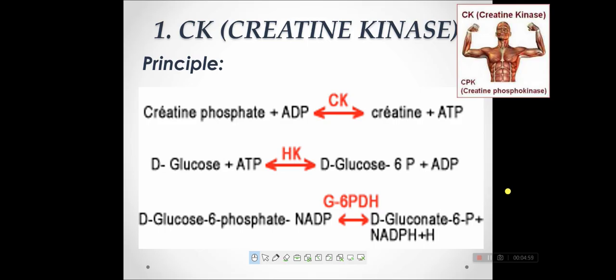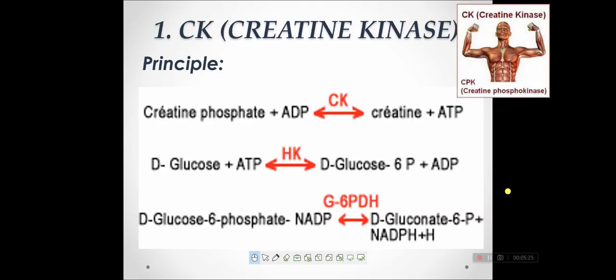Here let's look at the principle of how this test works. Creatine phosphate uses ADP in the presence of CK enzyme, and is converted into creatine plus adenosine triphosphate. Then D-glucose and ATP in the presence of hexokinase enzyme get converted into D-glucose 6-phosphate and adenosine diphosphate.